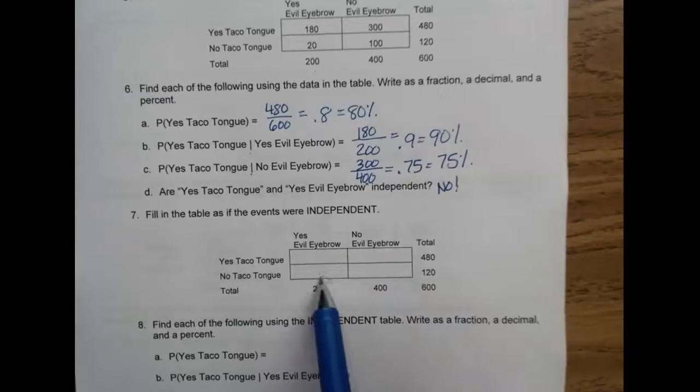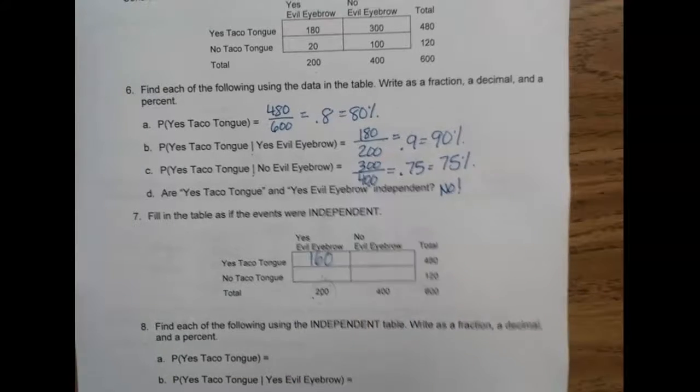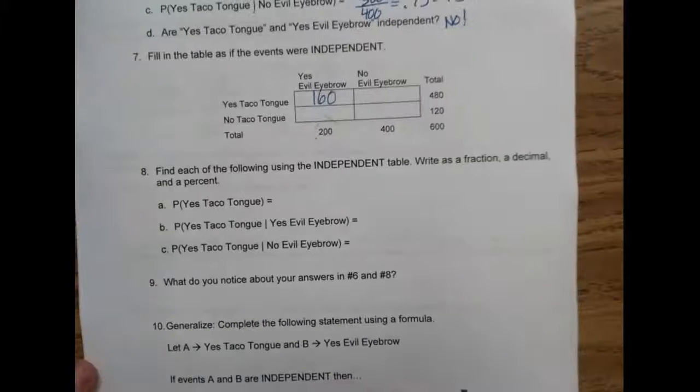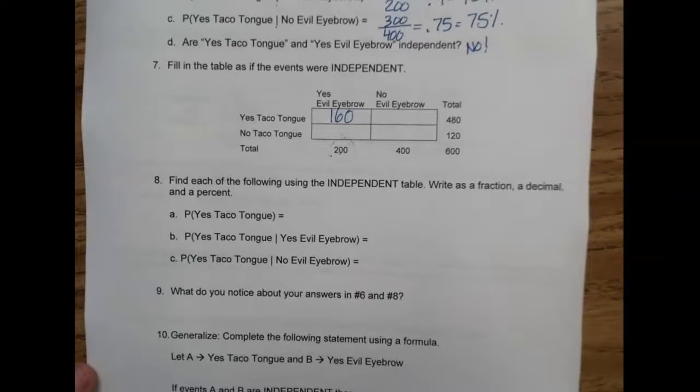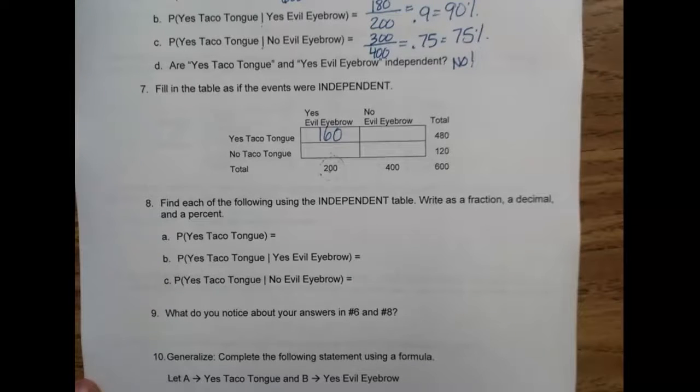We have 200 people in this category. If 80% of them are taco tongue, that means there's 160 of them. I want you to finish filling that out, and you should be able to get through number 9. Pause the video, come back when you're done, and let's see how you did.